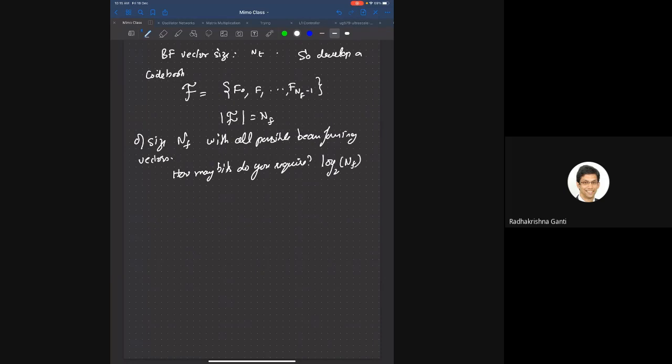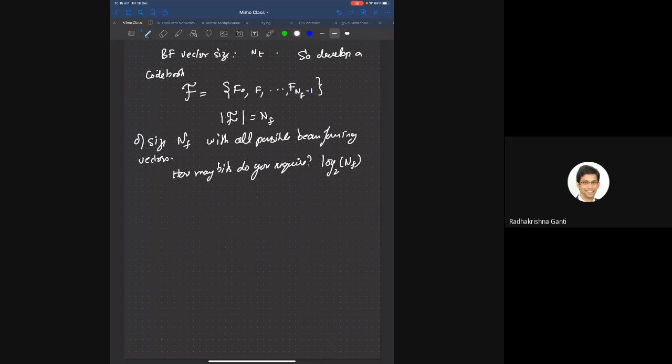Those many bits have to be transmitted on the feedback. That's what you mean by sending an index of this codebook. The transmitter also has the same codebook. From there, it will know which vector you sent depending upon the index. If you send index 0, this is the one. If you send the last index, this is the one.